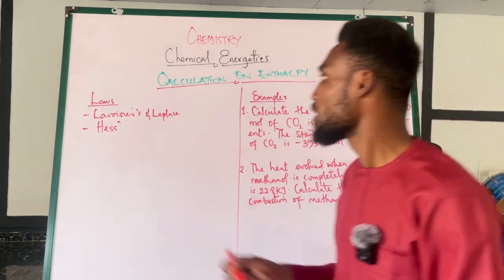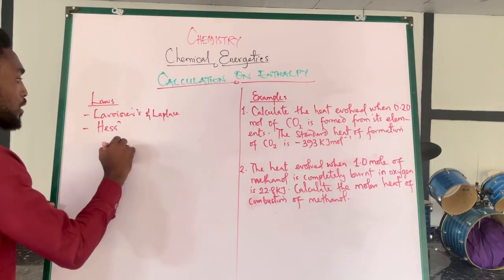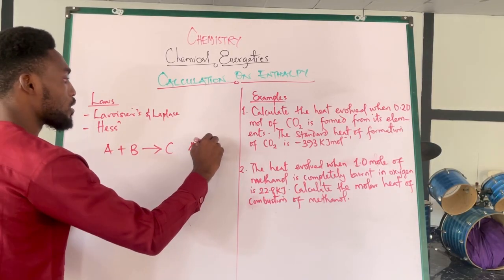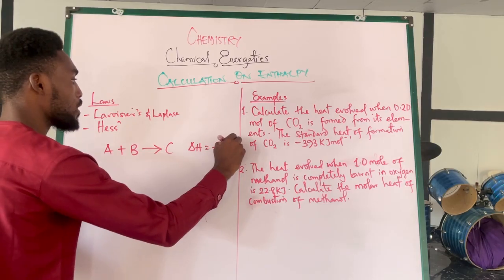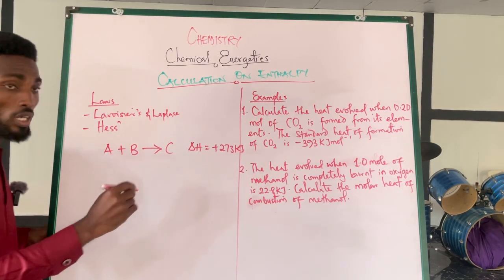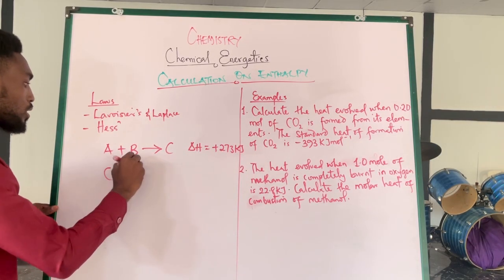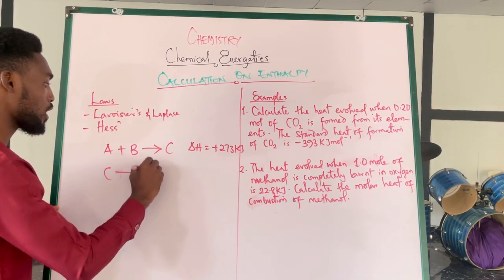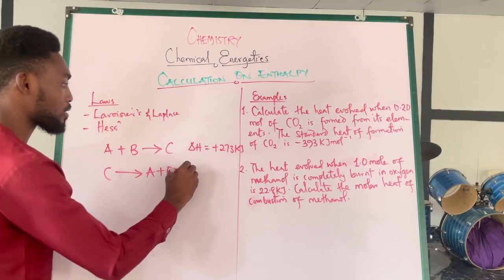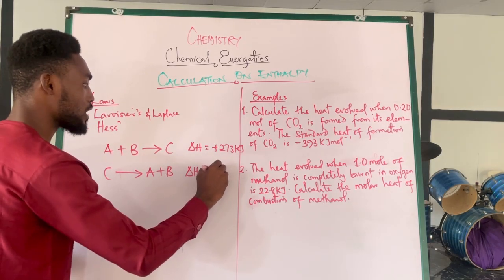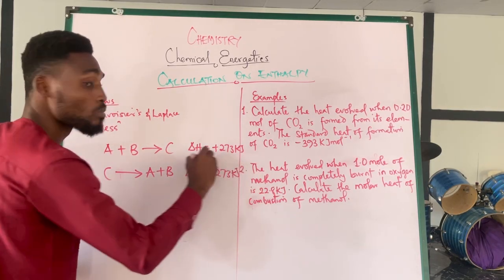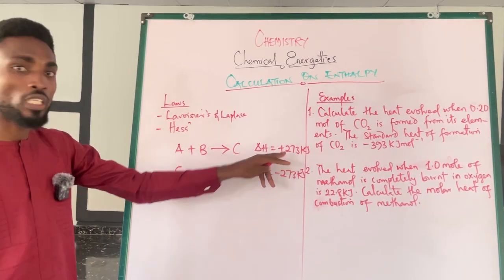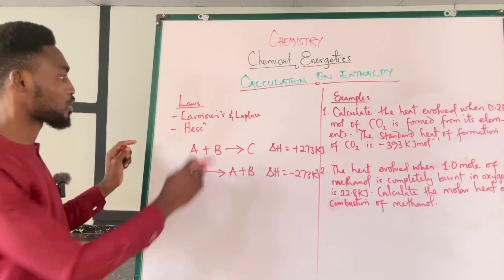For example, if I have A plus B giving me C, and the change in H is equal to plus 273 kilojoule per mole, it means that if I do C equals A plus B, I'm going to get a change in H that will now be what? Negative 273 kilojoule. So while the forward reaction is endothermic, the backward becomes exothermic. That's just the summary of this law.